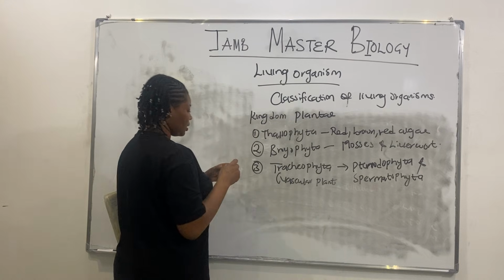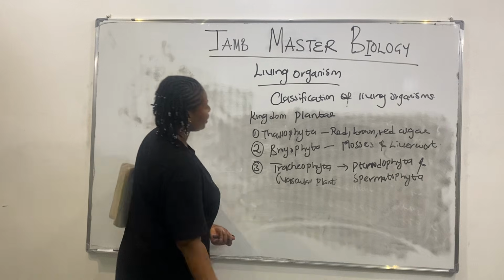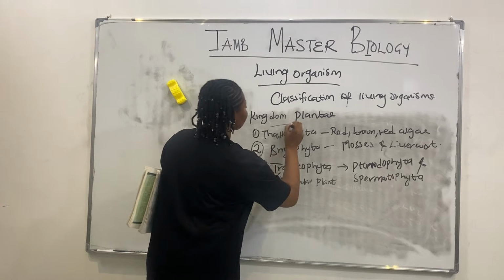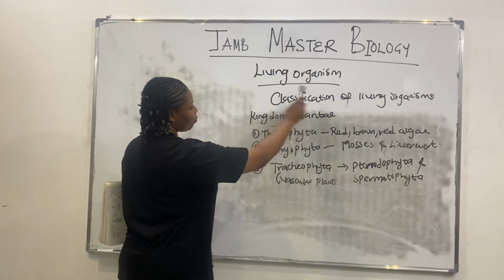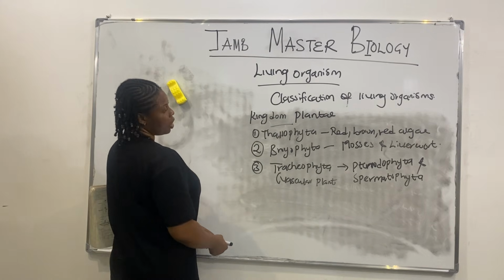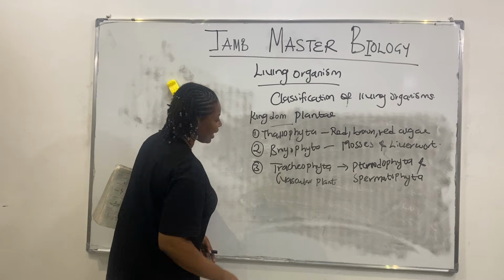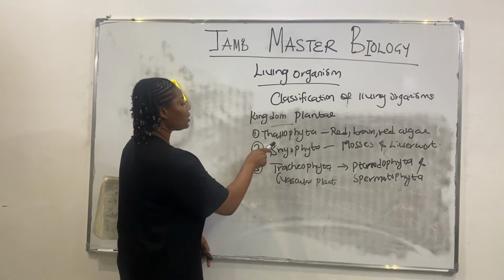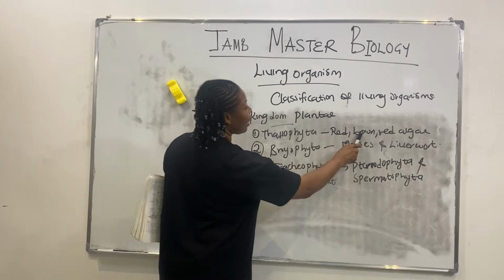Now this is the easiest way for you to understand this division. Under the plant kingdom, plant is a kingdom, we have divisions. And these divisions include Thylophyta, Bryophyta, and Trichophyta. Now the Thylophyta are the algae, which are red, brown, and green.